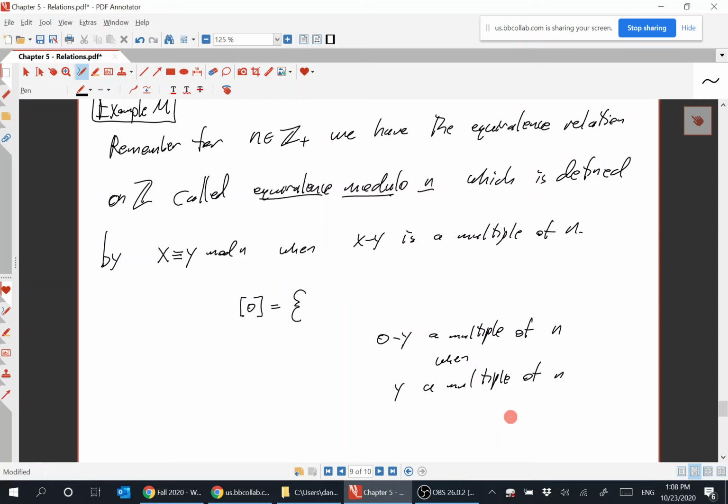So it's all multiples of n. How do we write that? n times k such that k is an integer. All multiples of n. Assume n is bigger than or equal to 2 in this example.